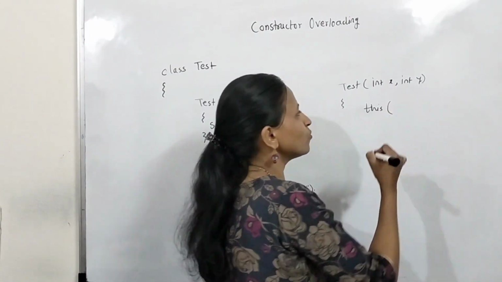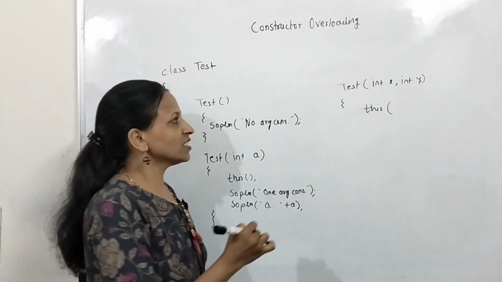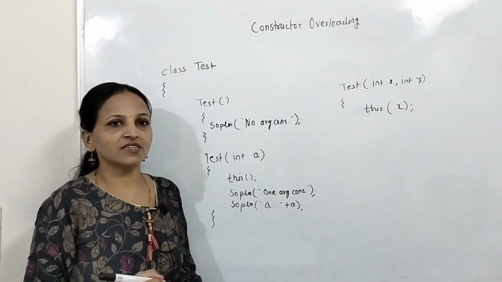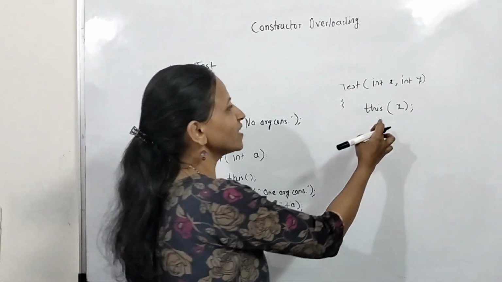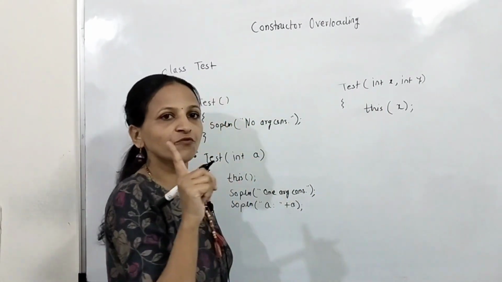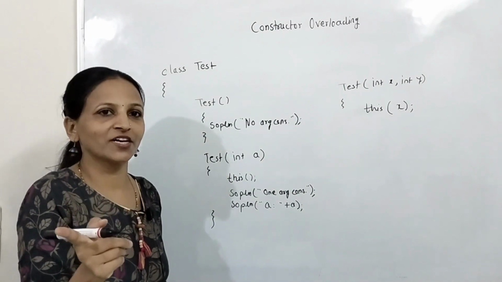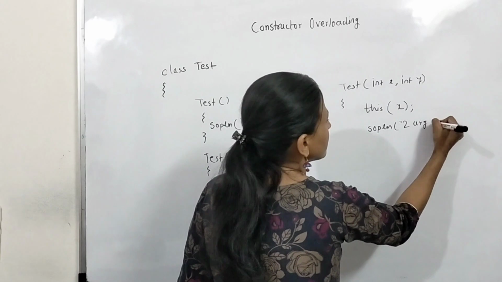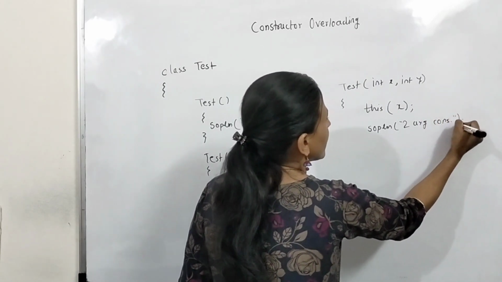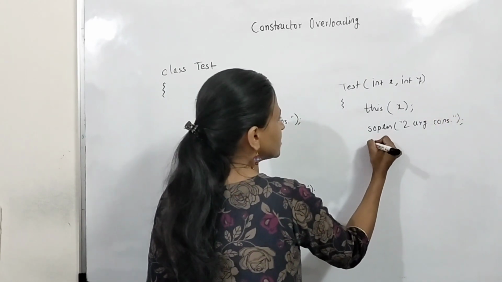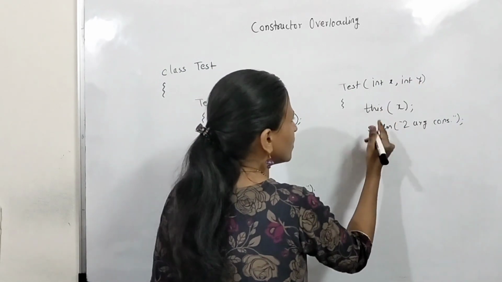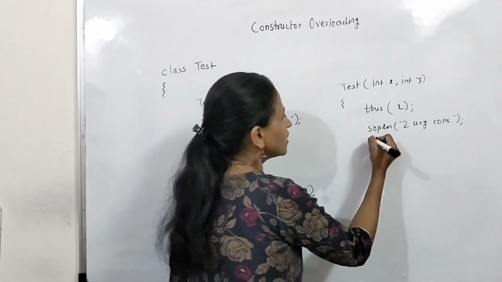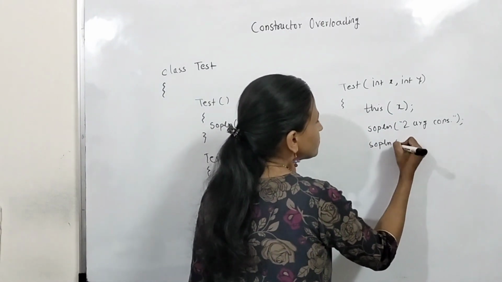Here we have to pass one argument, whatever I am passing to the constructor. Automatically the constructor which is taking only one integer argument will be called. Here System.out.println, "two argument constructor called". And here we can display the value of y only, because the x value will already be displayed because of this constructor. Here System.out.println.